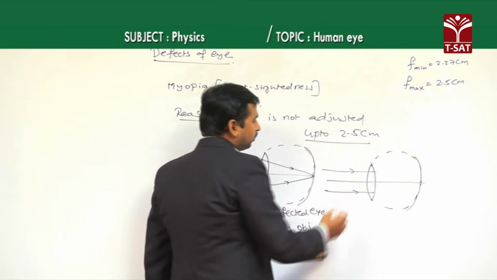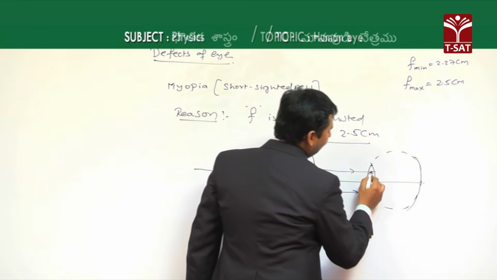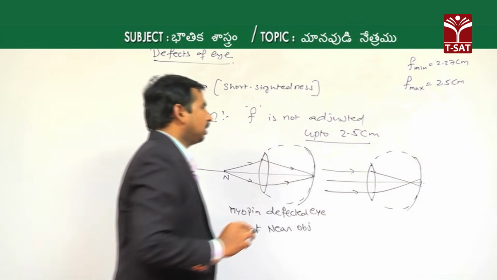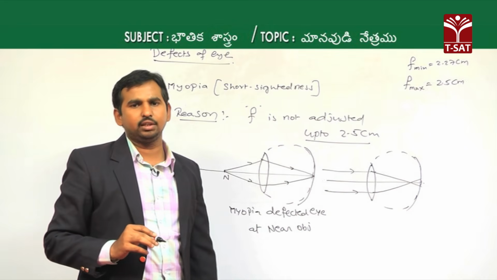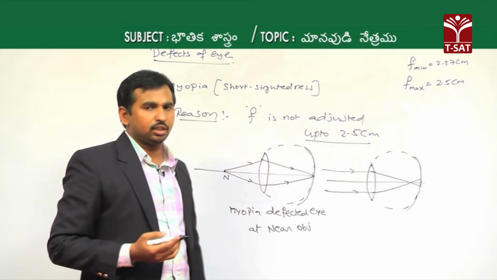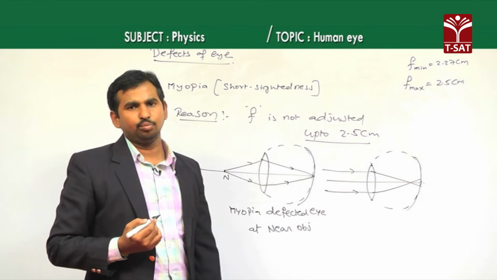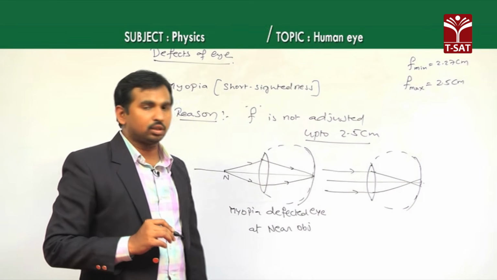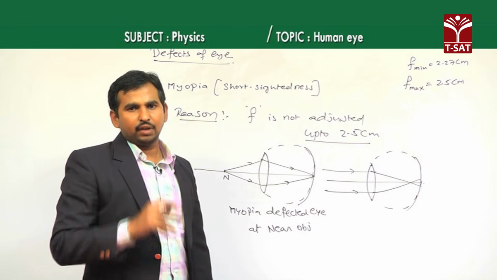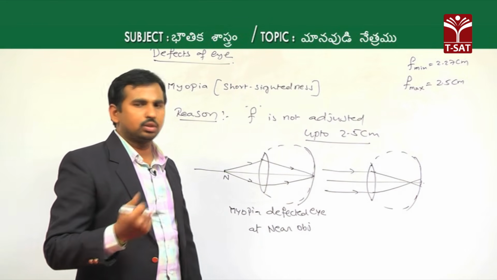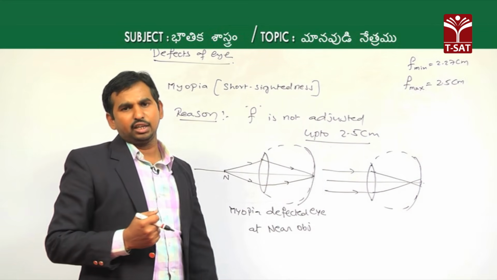It is not converging at the retina, it is converging before the retina, like this. The problem is that we have less focal length, so the rays converge before, and the light rays are not converging on the retina. By the time the light rays reach the retina, they are going like a diverging beam. So that is why we cannot see a very clear image.